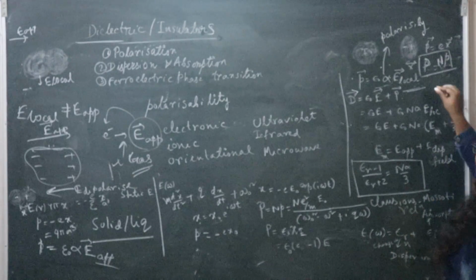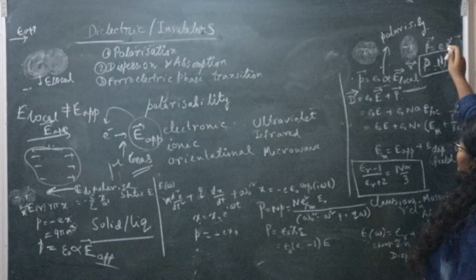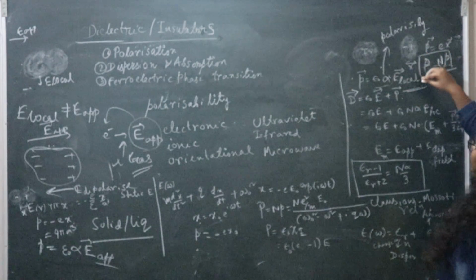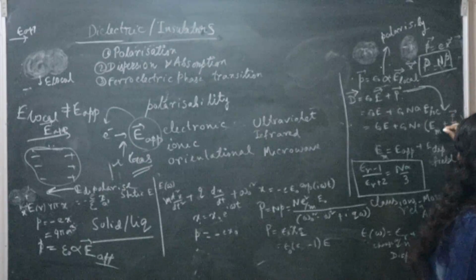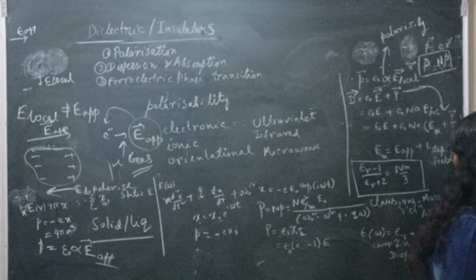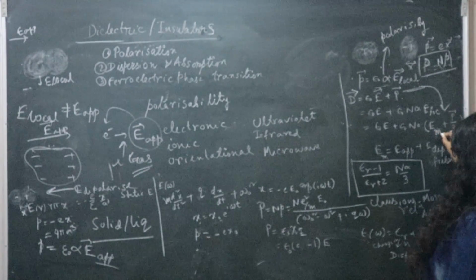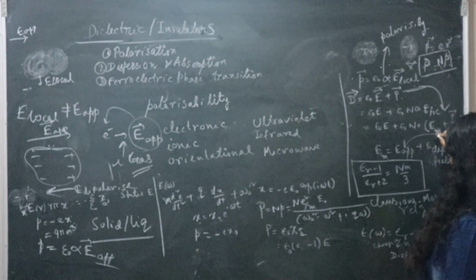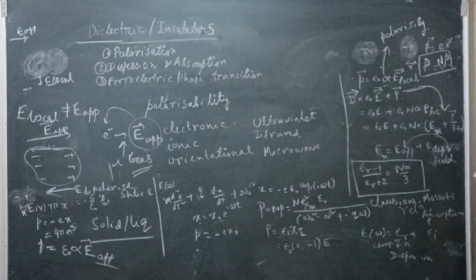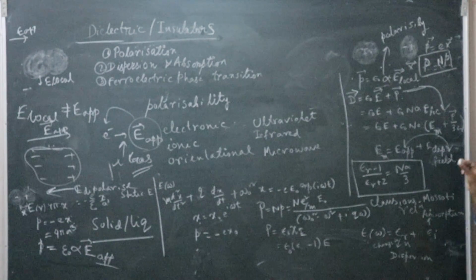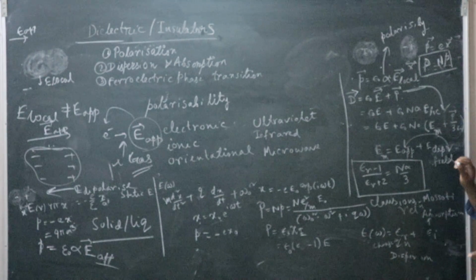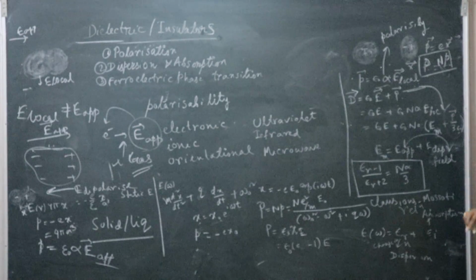And E local for Lorentz has been calculated for spherical distribution. E local will be E internal plus P by 3 epsilon naught, where E internal I have written as E applied plus E depolarizing field, and this P by 3 epsilon naught is the dipole-dipole interaction term for spherical distribution. I have calculated it as P by 3 epsilon naught.